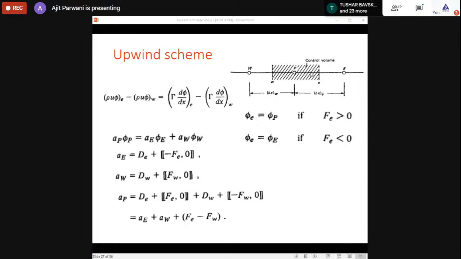For the discretization of the convective term we have used the upwind variable, but for the discretization of the diffusion term, we have not chosen the upwind variable. We have used our conventional discretization, like we have used the linear profile.